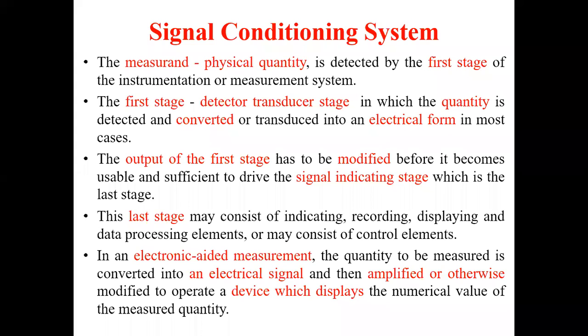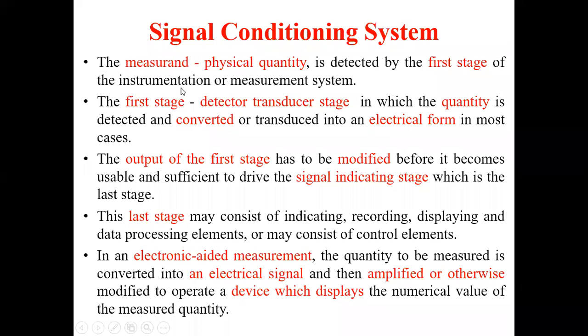So the output of the first stage, the transducer, has to be modified in order to drive the last stage, which may consist of an indicating device, a recording device, a displaying device, a data processing device, or control elements.